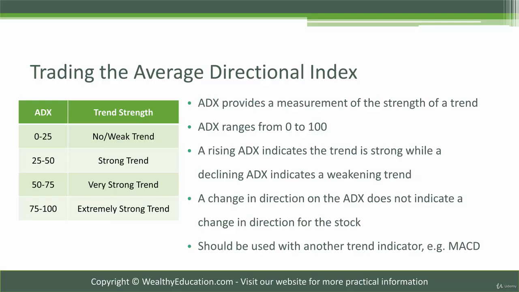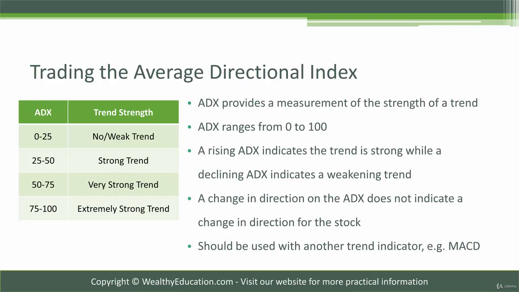It's important to understand this. The ADX can be rising in a bearish trend, and that indicates that the bearish trend is getting stronger. So don't get the ADX confused with the MACD or other indicators that rise and fall in bullish and bearish trends. The ADX is just indicating a trend is strong.